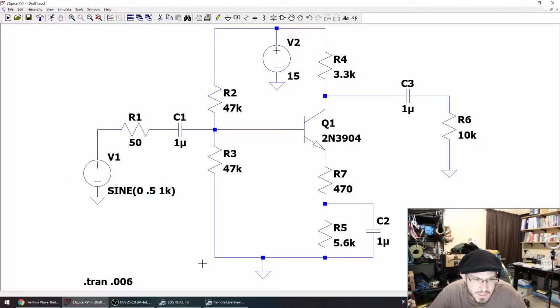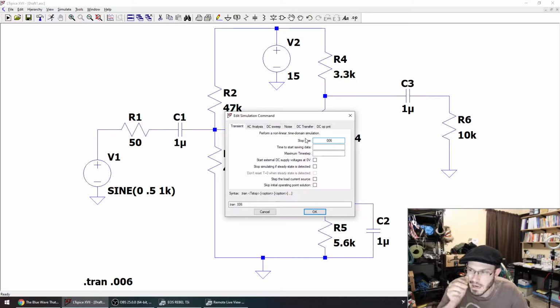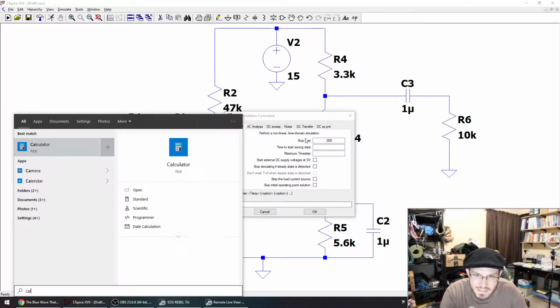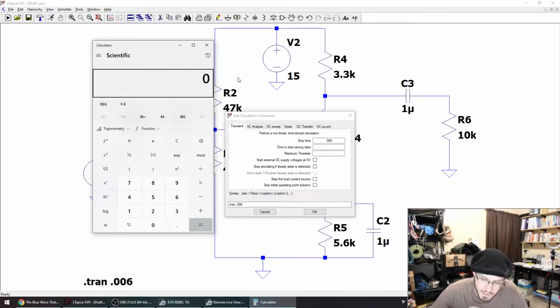I have my ground set up for everything, and now let's talk about the simulation time. If you go to simulate and edit simulation time, I have mine set up at 0.006, and the reason I have it set up at 6 milliseconds is because our input signal is 1000 hertz, or 1 kilohertz frequency.